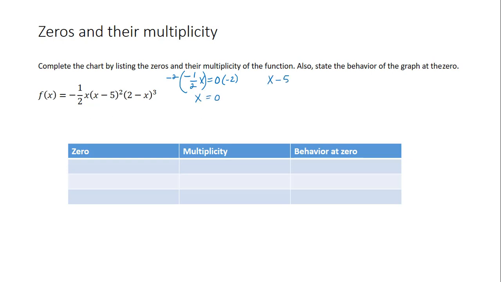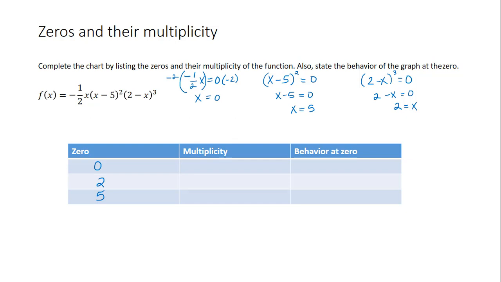And then (x minus 5) squared is equal to 0 when x minus 5 is equal to 0, or x is equal to 5. And then (2 minus x) cubed is equal to 0 when 2 minus x is equal to 0, or when 2 is equal to x. So our zeros are 0, 2, and 5.